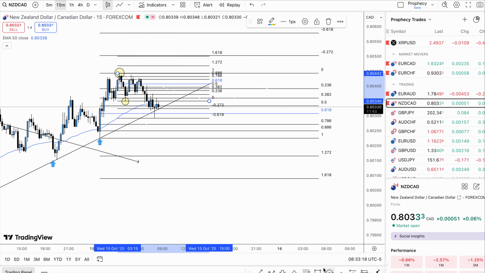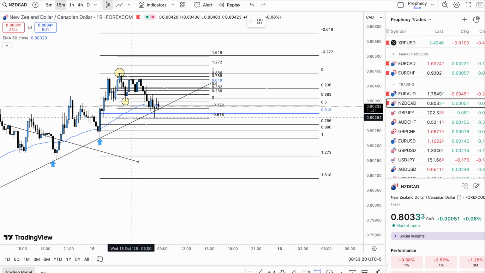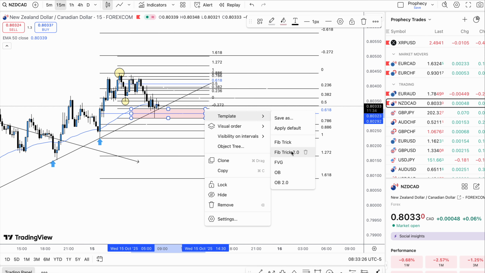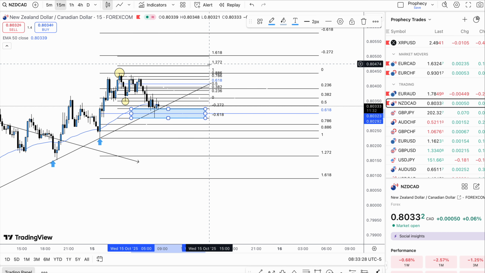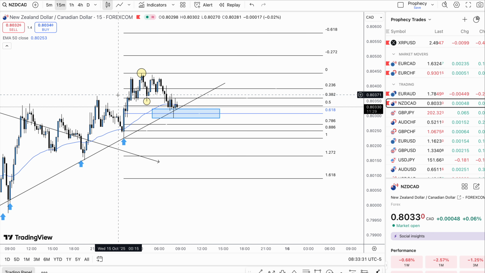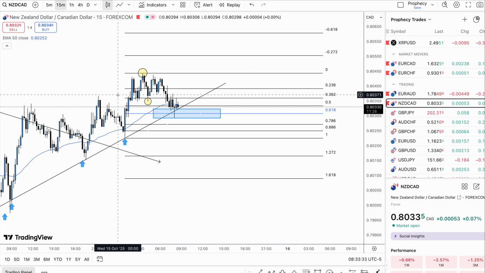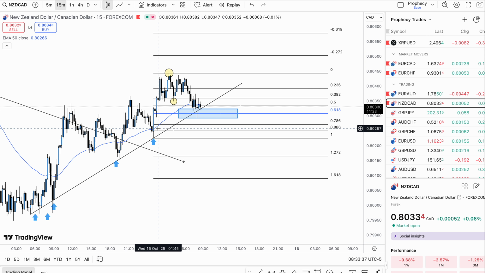And then I draw my fib trick completed box of the move within the move being completed. And I'll make it to my fib trick, delete it for confirmation. And this is keeping me within the framework of the potential trade setup, knowing where I am in the market.